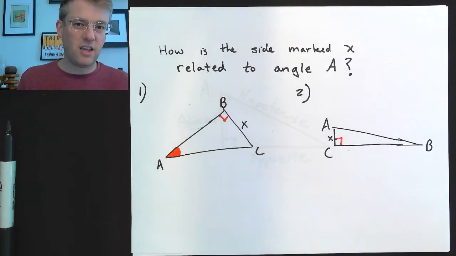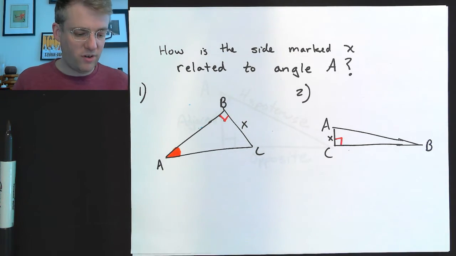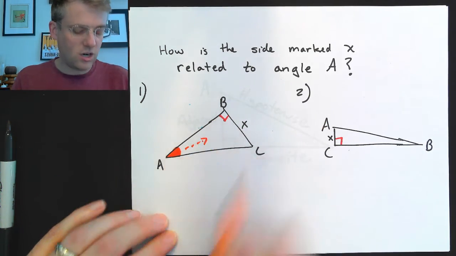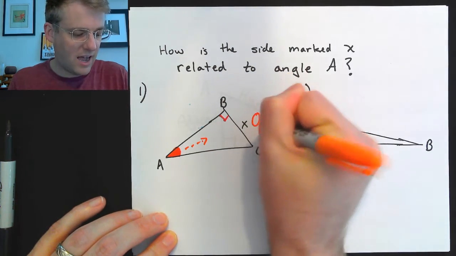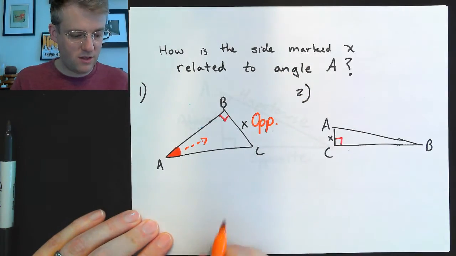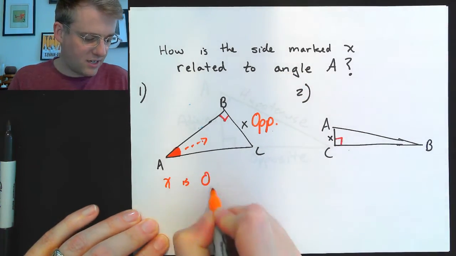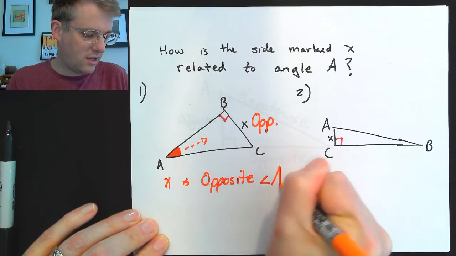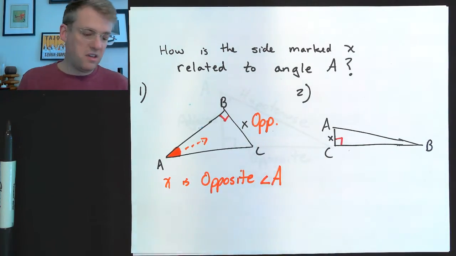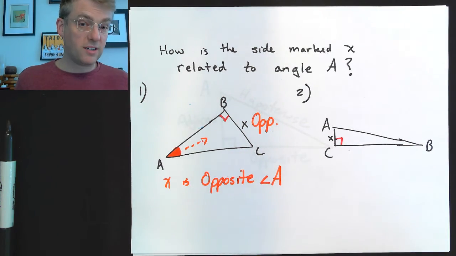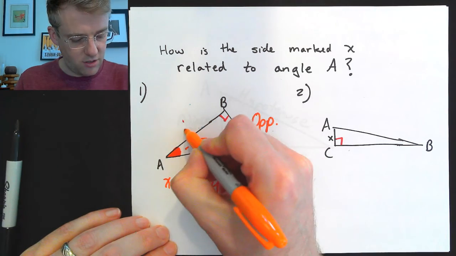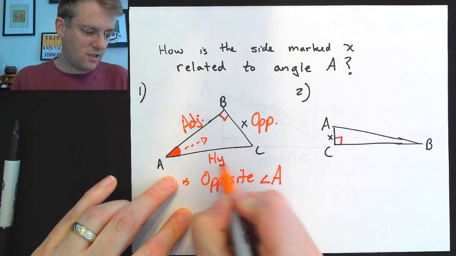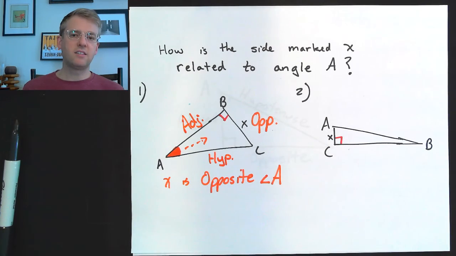And this is really the same work we did in the previous benchmark where, okay, X is across the triangle. It's definitely opposite. X is opposite angle A would be a full and complete answer. If we wanted to label the whole triangle, which I'm going to do because I'm a math teacher, that leg would be adjacent, and that side is the hypotenuse.